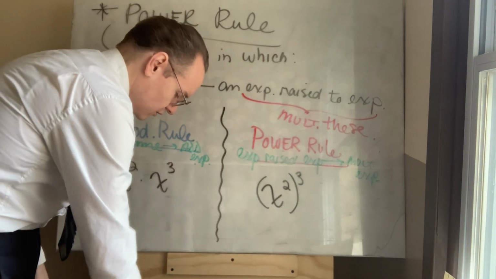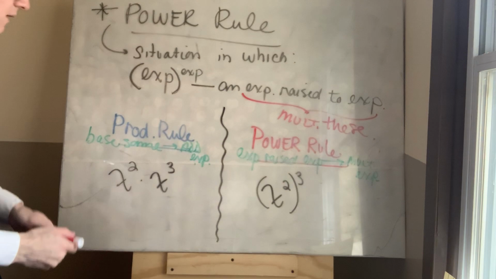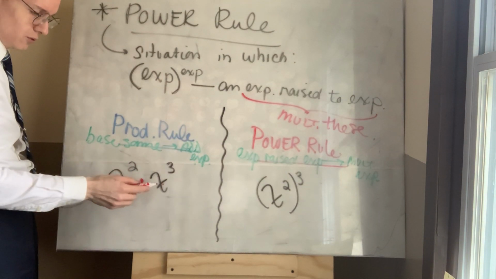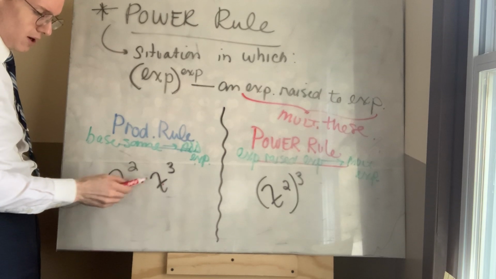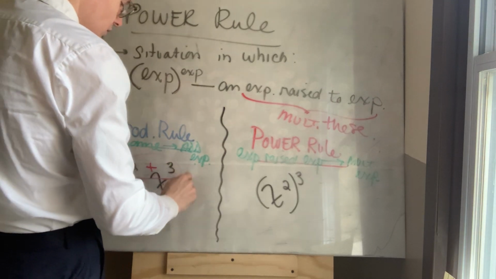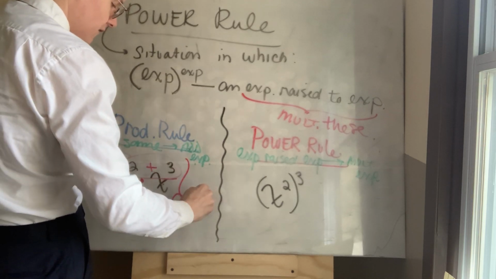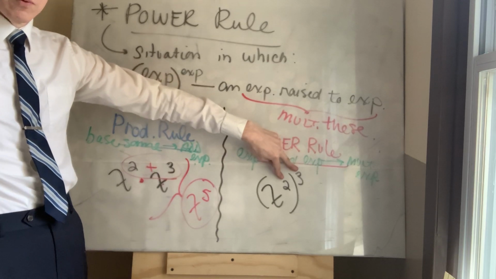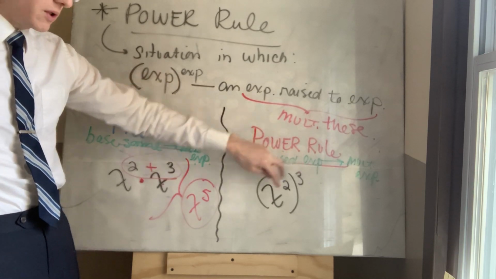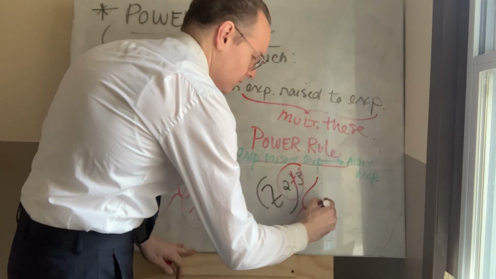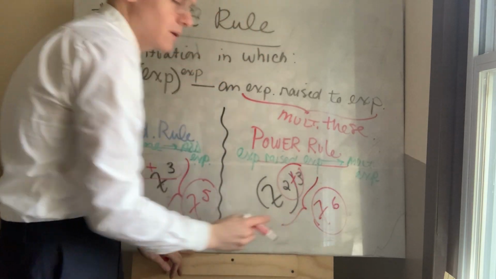Sorry if that's a little faint. Anyhow, these are the same bases being multiplied themselves. This is where the confusion comes from because it's a multiplication problem. But you add these, in which case you get x to the fifth. When you have an exponent raised to an exponent, the 2 being raised to the 3, you multiply these, in which case you get x to the 6th.